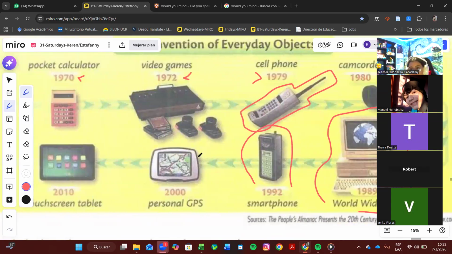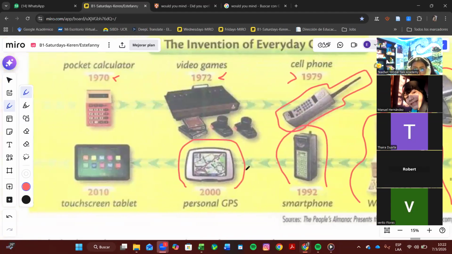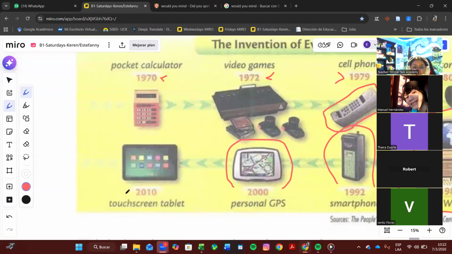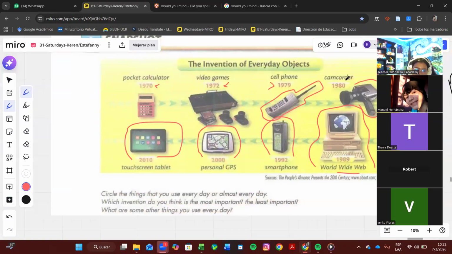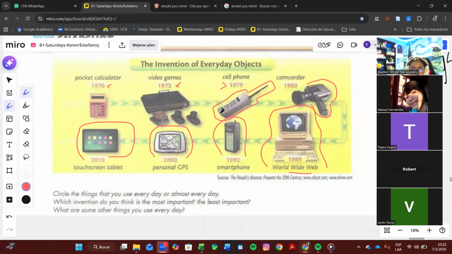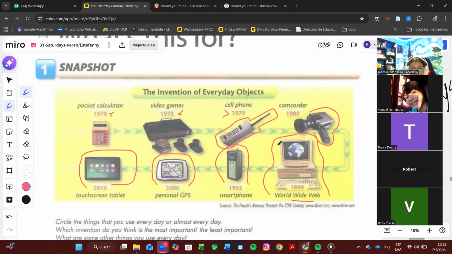Personal GPS, 2000, right? So like maps and so on, and Waze. So 2000, and touch screen tablet in this case, 2010. So it's not that new, but comparing with all of them, we have this one.